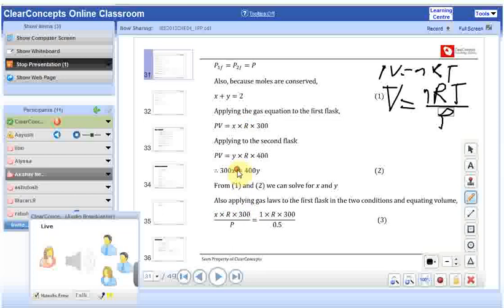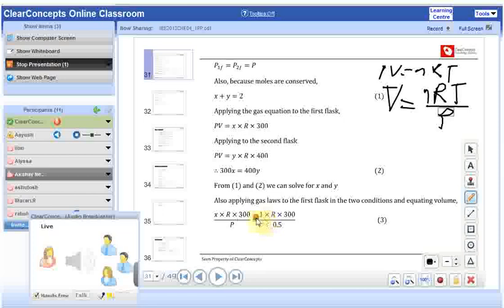Didn't you get equation 2 by relating the gas equation of the first flask and the gas equation of the second flask? I did, but I used the two flasks in the final state separately, so that's how I was able to relate X and Y. Now I'm using the same flask, but the initial and final conditions are different, so the number of moles has become X instead of 1 mole.